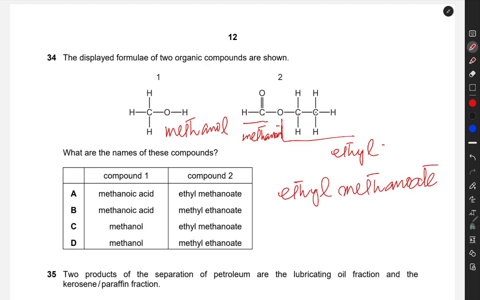Compound 1 is methanol and ethyl methanoate. This is ethyl, and this is one carbon over here with a double bond to oxygen. So this is part of methanoic acid and the compound is ethyl methanoate. C option is the correct option.